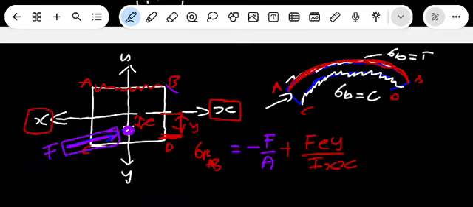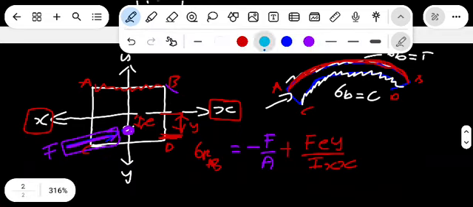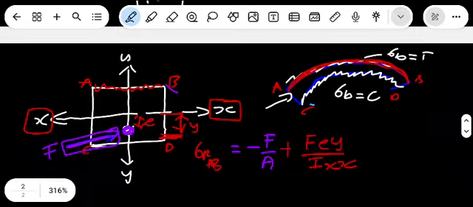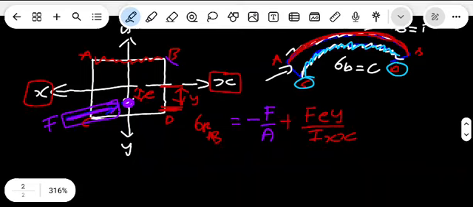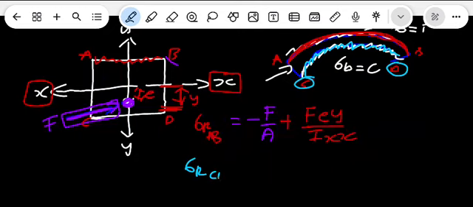Now let's check on CD. How will the resultant be there? Remember, the resultant is always the direct stress plus the bending stress.